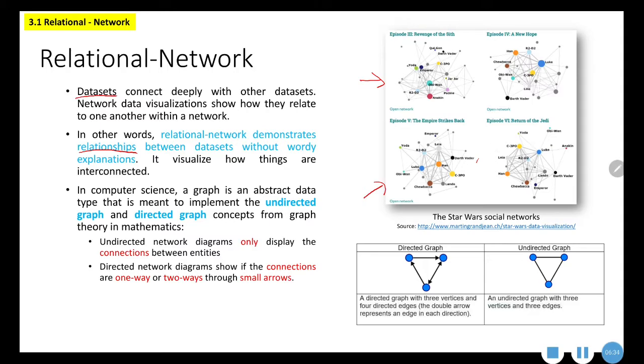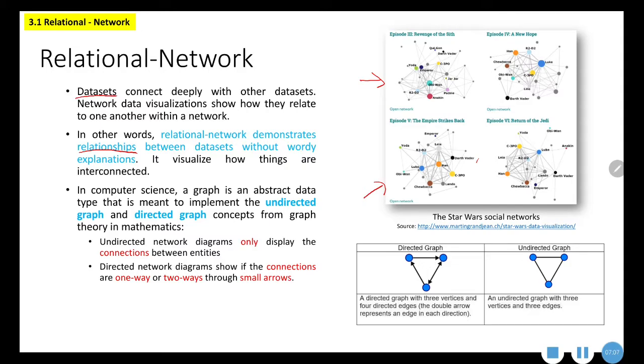In computer science, a graph is an abstract data type that is meant to implement the undirected graph and directed graph concepts from graph theory in mathematics. So basically the concept of relational network comes from the theory of mathematics. This table shows how to differentiate between two types of graph.